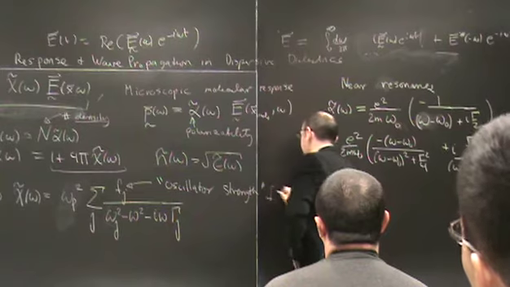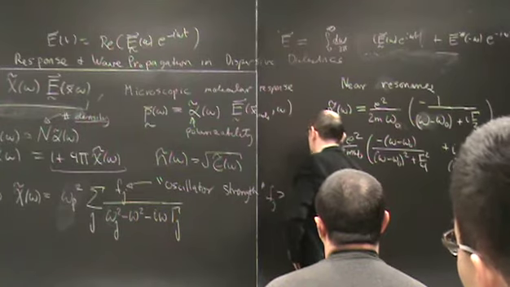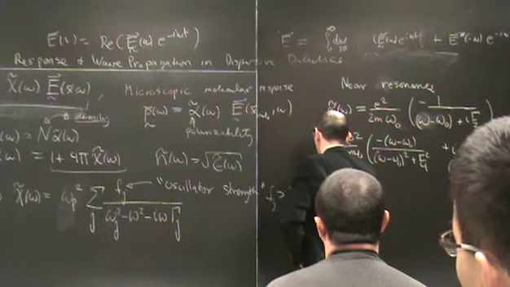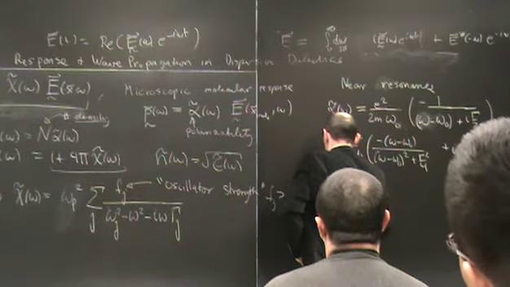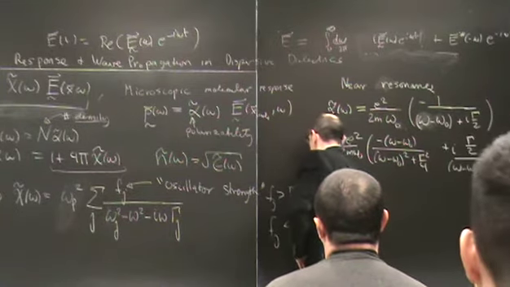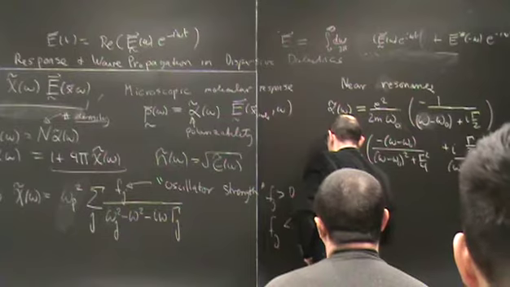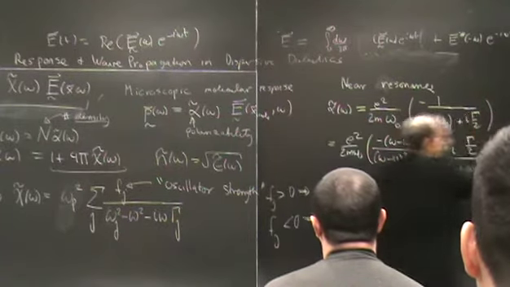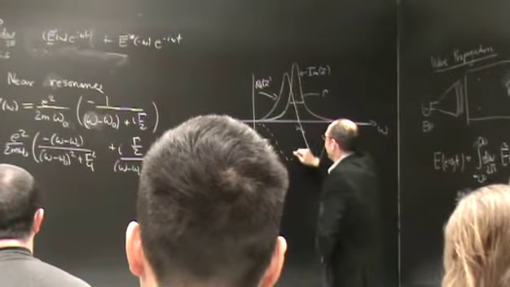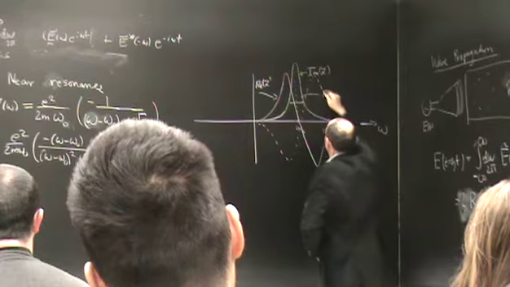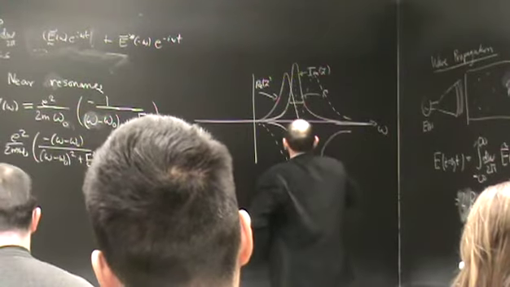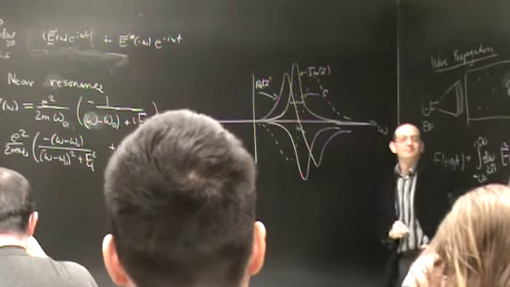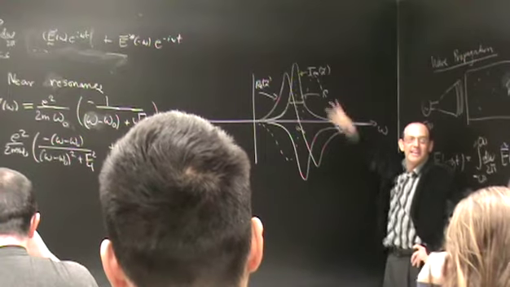So if F, the oscillator strength, is greater than 0, then we have an absorber. And if the oscillator strength is negative, then we have an amplifier. And the dispersion relations would look just the opposite. We just make F negative.